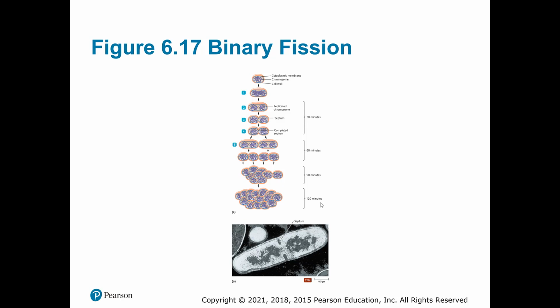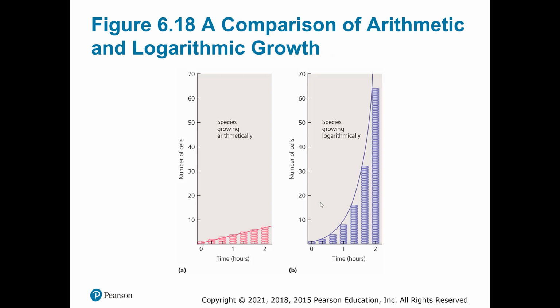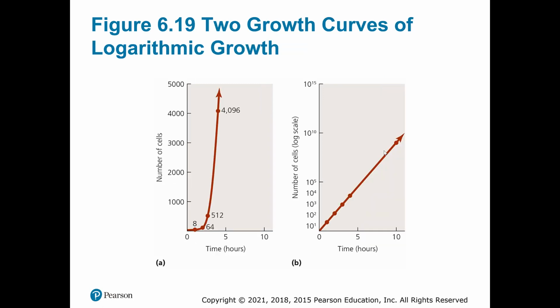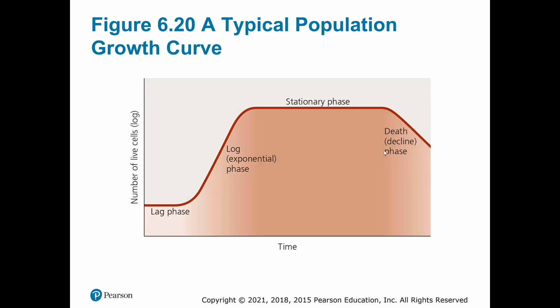So in fission, and therefore with bacteria, growth is exponential over time. So you get lots of cells from one cell after a short amount of time. What's going on during that time frame, or that life of bacterial cells?